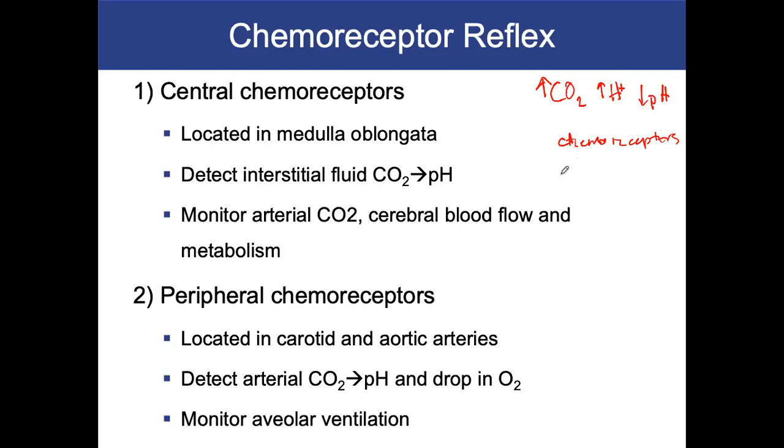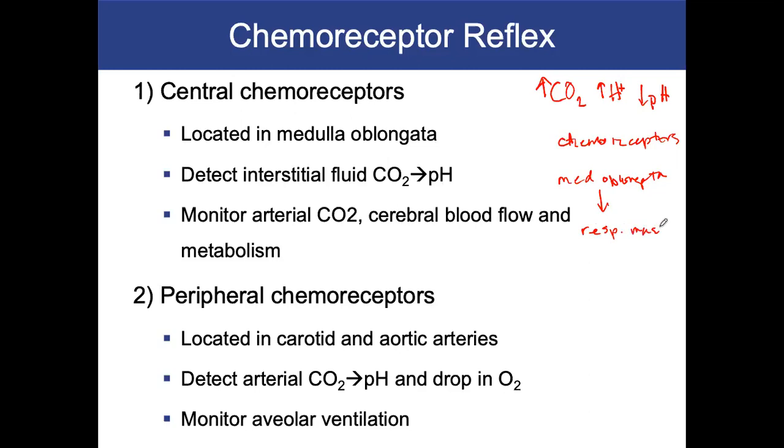What's your integrator? Your integrator would be your medulla oblongata, and that's going to measure it against your set point. The medulla oblongata is going to say, hey, CO2 is too high, or pH is too low, or oxygen is too low. I'm going to send a signal out to what? Good, your respiratory muscles. So the effectors are actually your respiratory muscles.